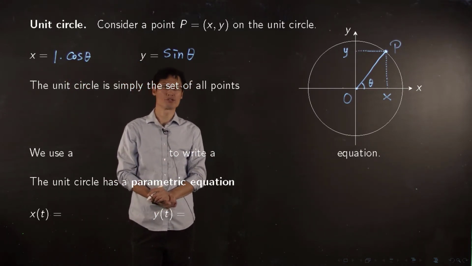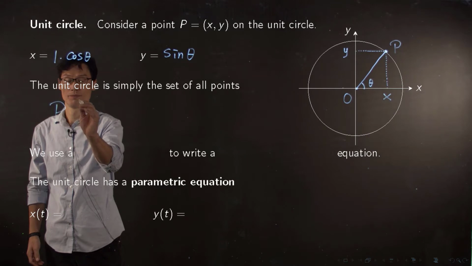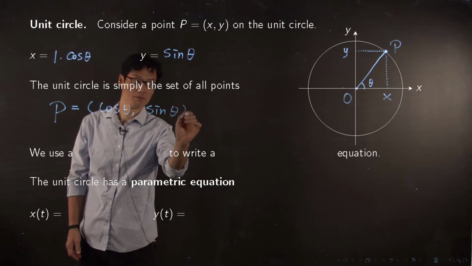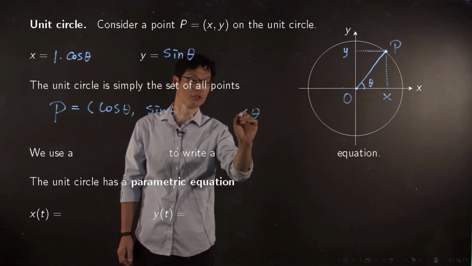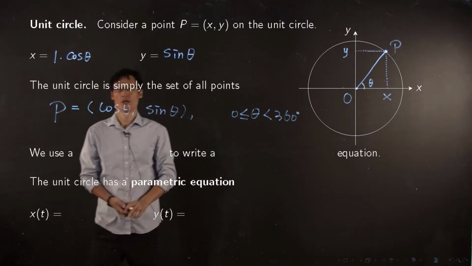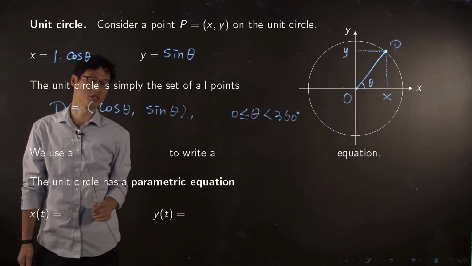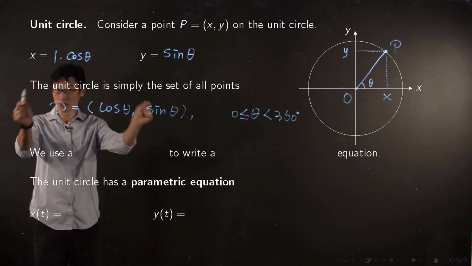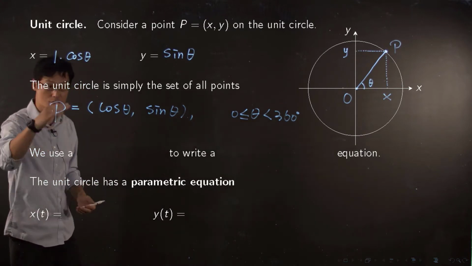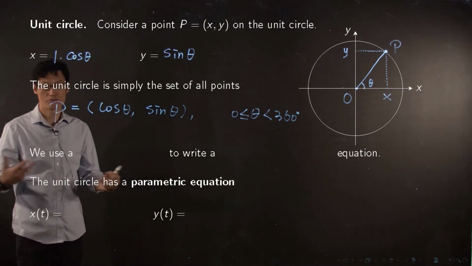The unit circle is simply the set of all points of the form (cosine theta, sine theta), where theta is an angle between 0 and 360. So you let theta be any number and collect all points (cosine theta, sine theta), and then you will retrieve all the points on the unit circle. In that sense, this represents the unit circle. Okay, so that's the idea.